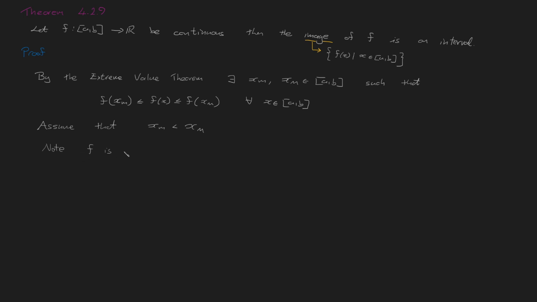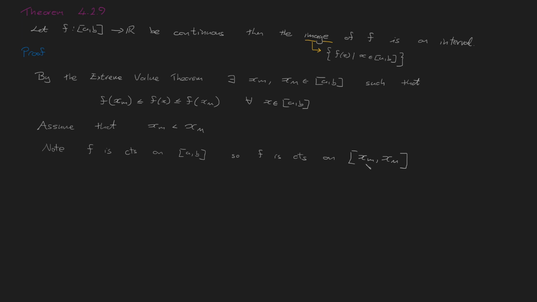So we know that f is continuous on its domain [a, b], and x little m and x large M lie in [a, b]. So f is continuous on the potentially smaller interval between these two, x little m and x capital M. But now we have these as the extreme values if we apply the function f.